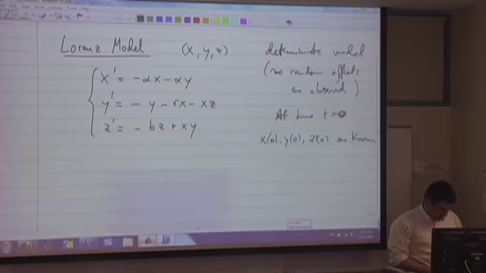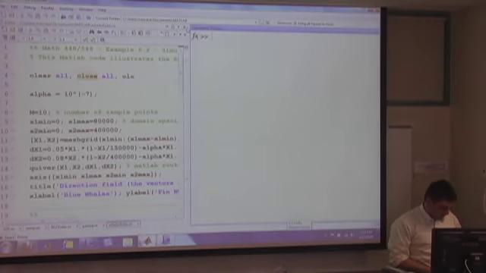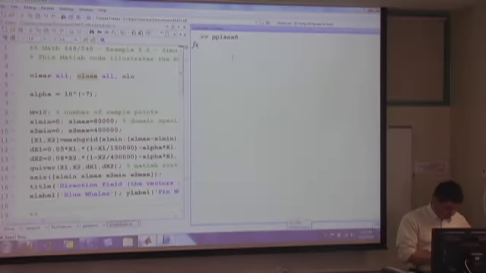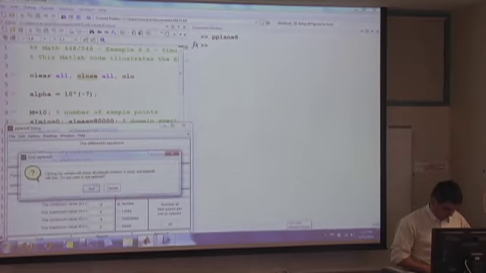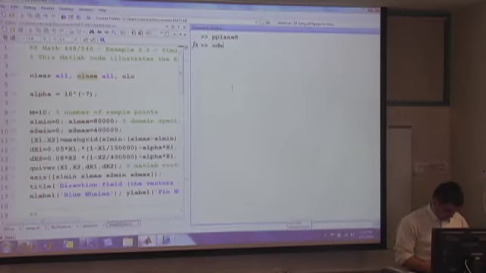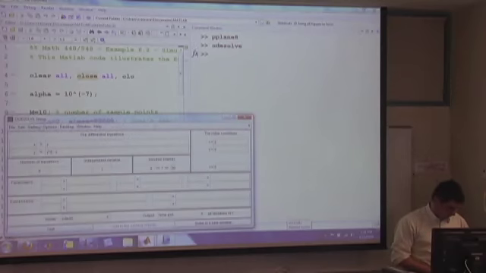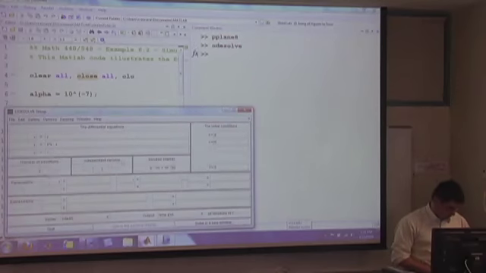And let's see, so last time we had this, and it's not p-plane, of course, right? Okay, so I think it should be the same system.